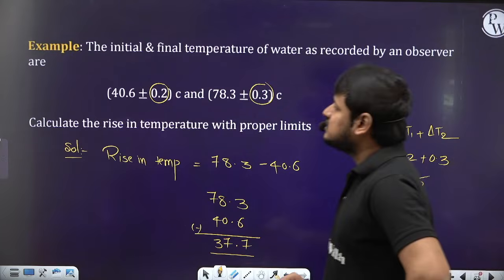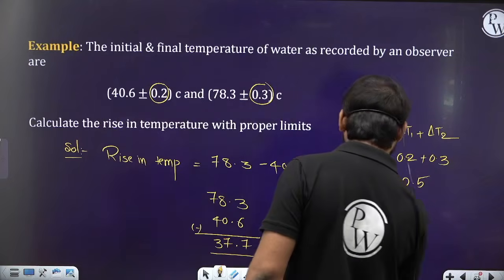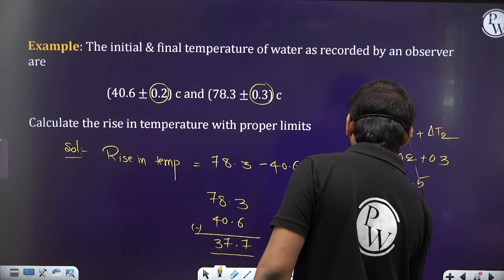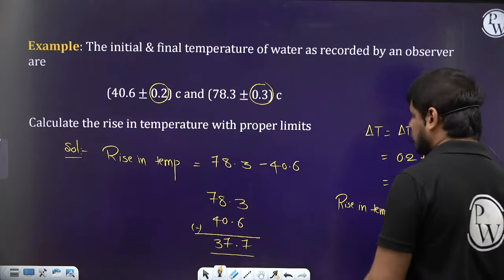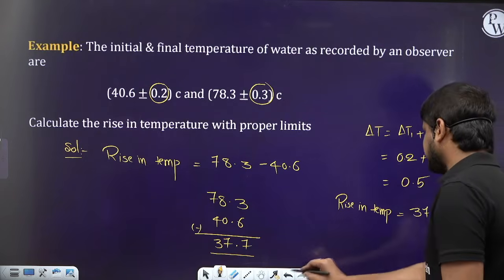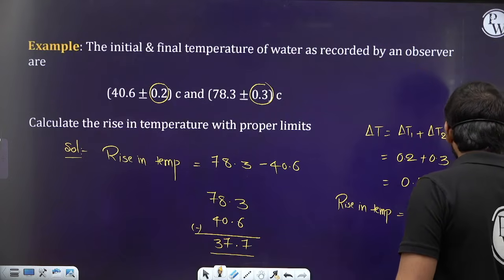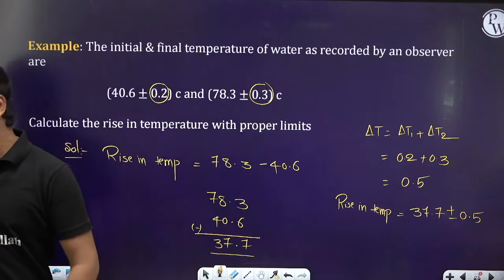That means the total rise in temperature will be the true value, which is 37.7 plus or minus 0.5.